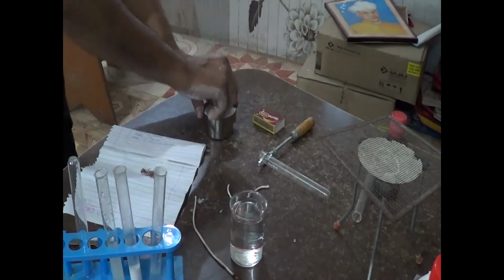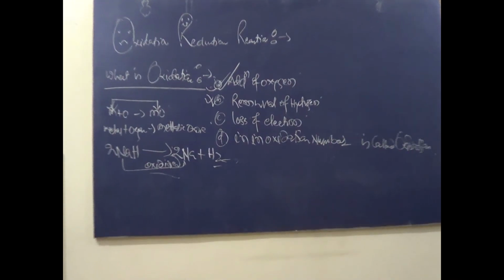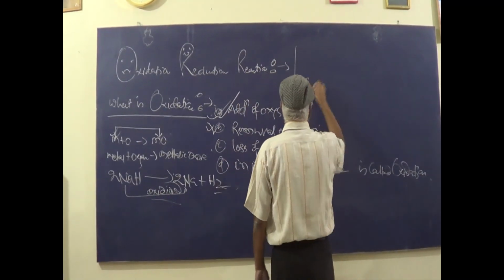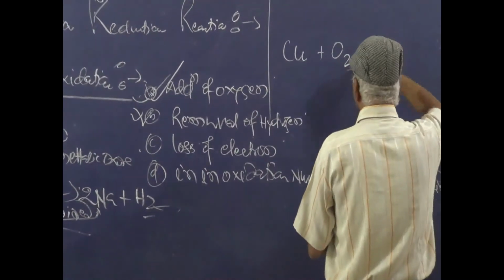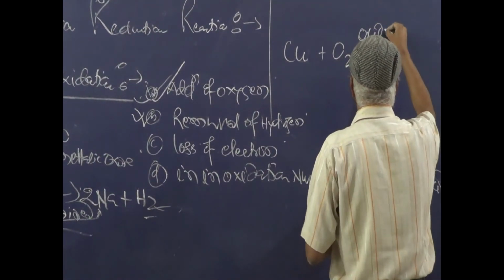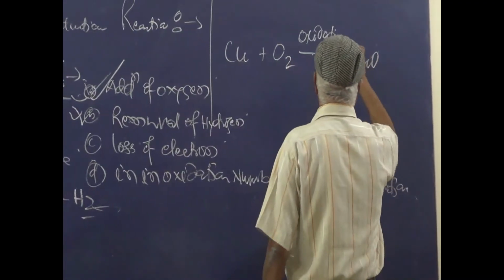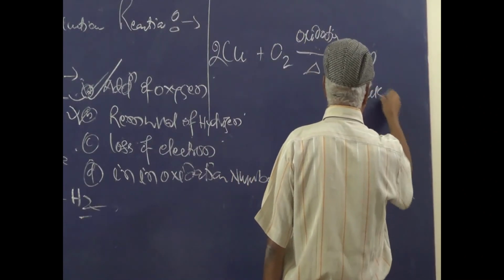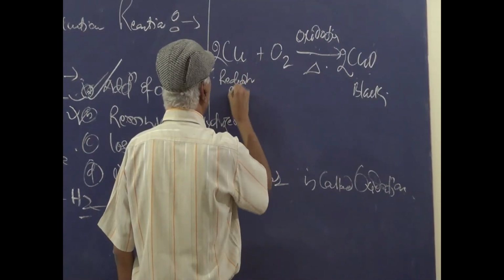Now let me cover the topic. In oxidation reduction, Cu plus O2 gives CuO. This is oxidation, the addition of oxygen to copper. In the presence of heat, copper oxide is black, and the copper color was reddish brown.